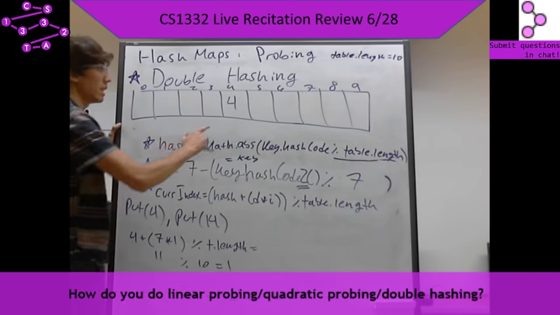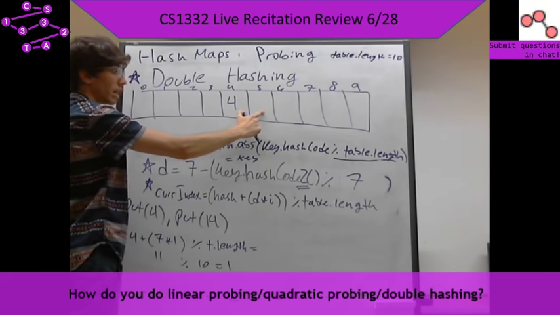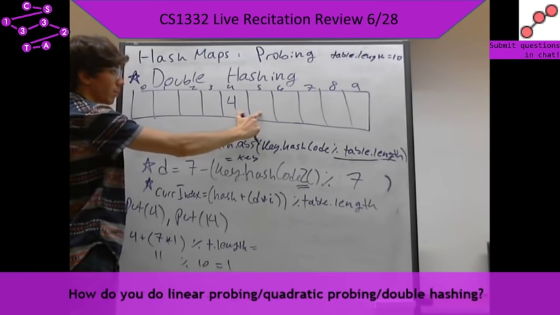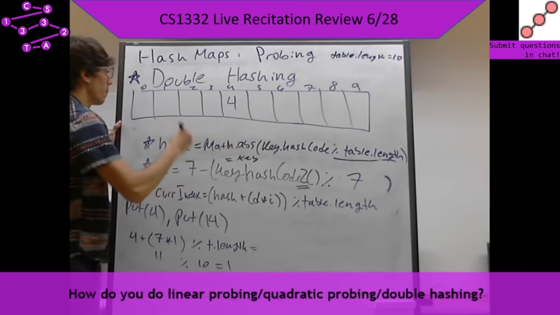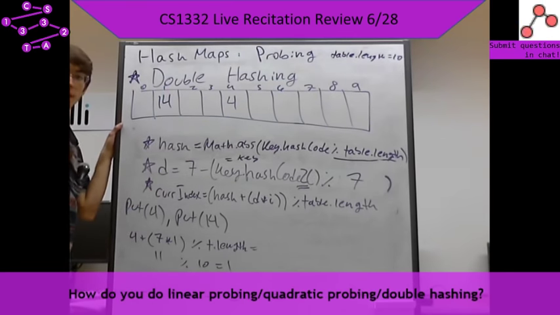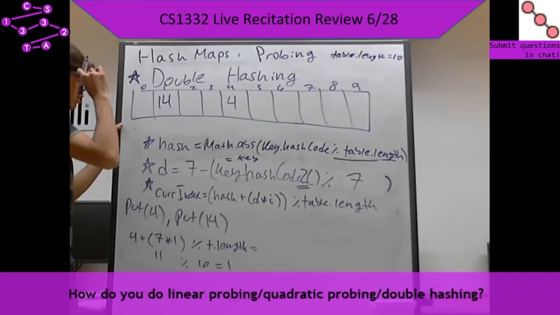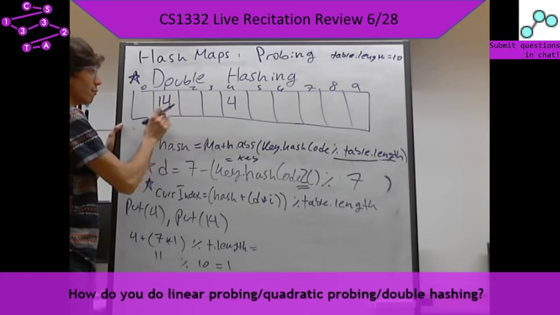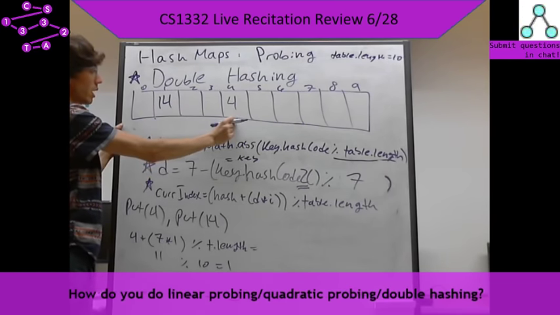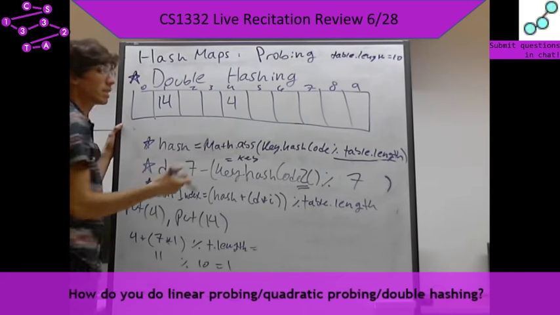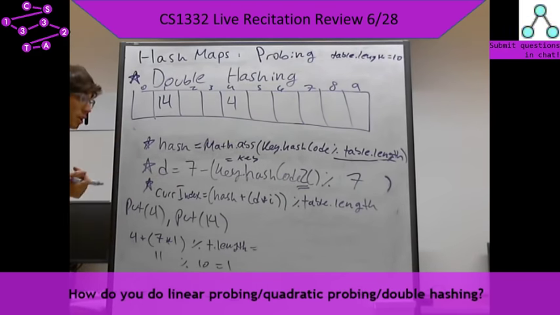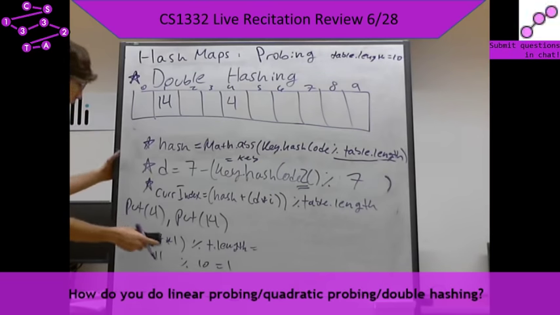So 14, instead of being mapped here, like it would have in linear or quadratic probing, the first probe maps us all the way over here, right? And we now have a big spread. Notice that the initial collision is now very far, like this was our initial collision, and where we placed our data is pretty far from this initial collision, especially considering the alternative probing methods, right?